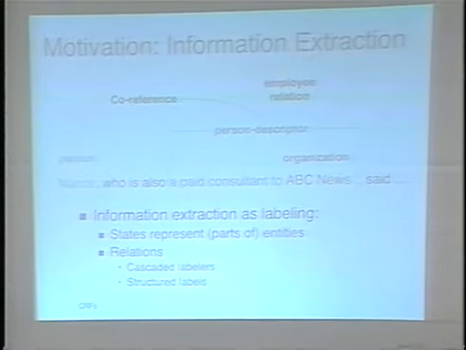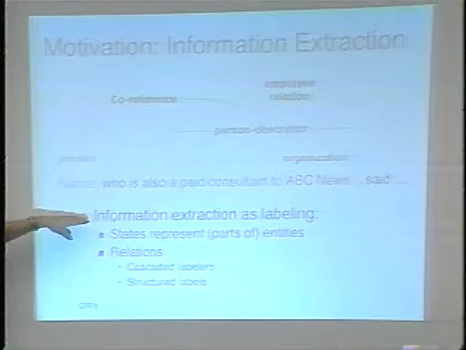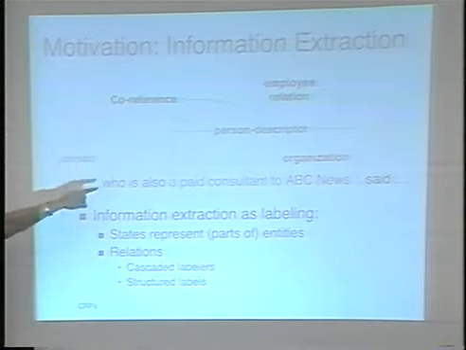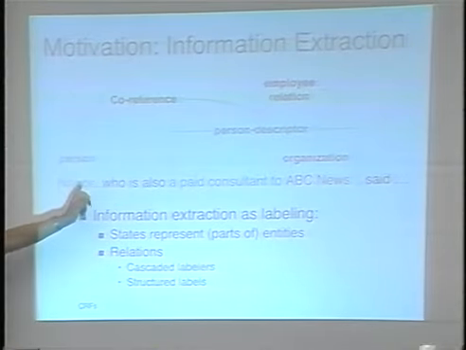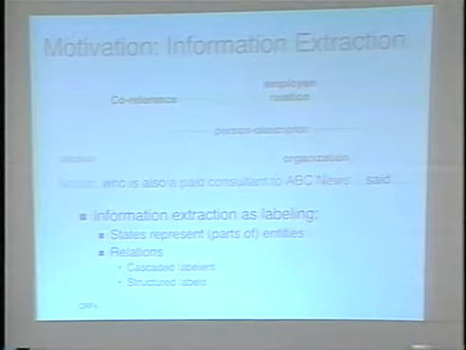One way to think about what we're trying to do here, which is going to be useful in understanding the rest of the talk, is to think about information extraction as labeling. I'm going down this sequence and I'm going to label the tokens with certain labels or states that represent my intended interpretation of that token.